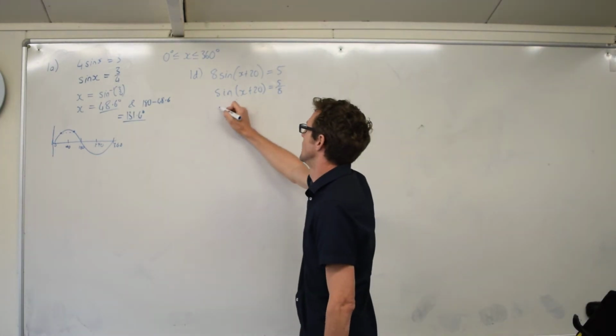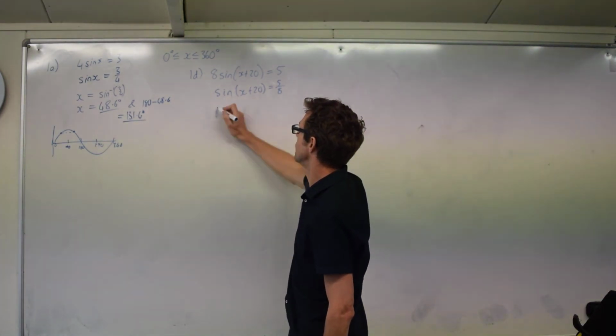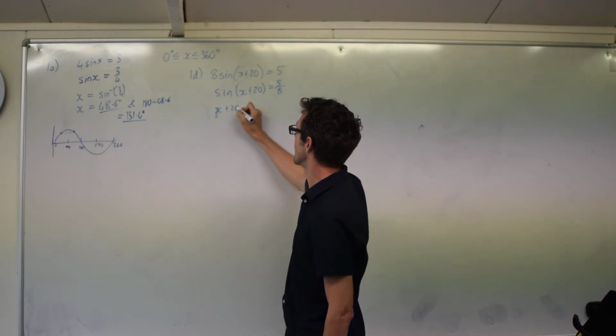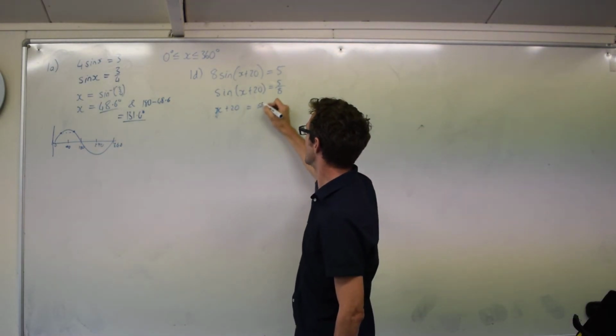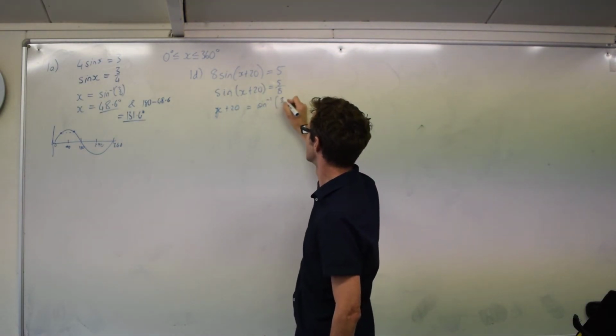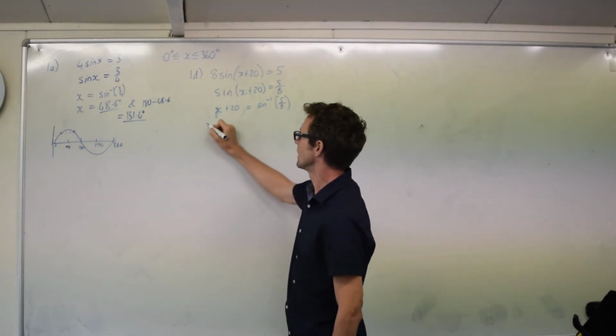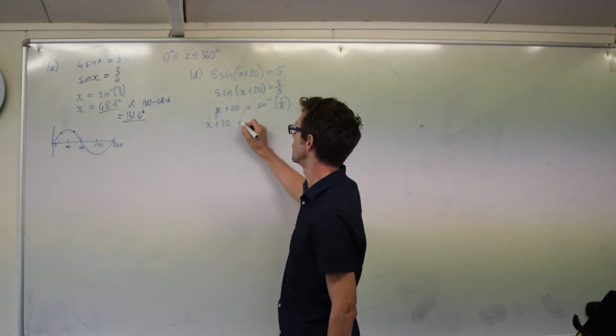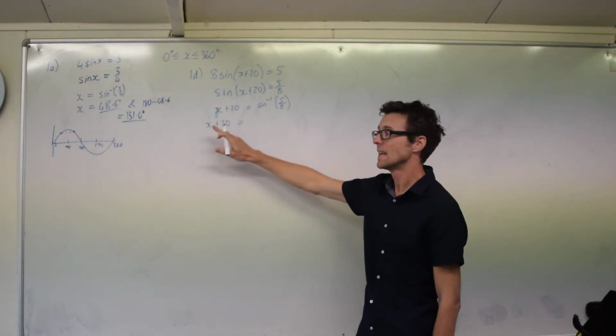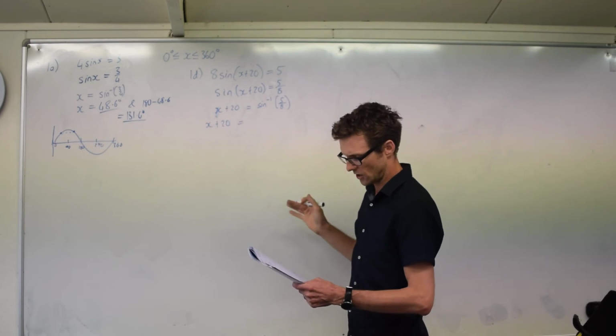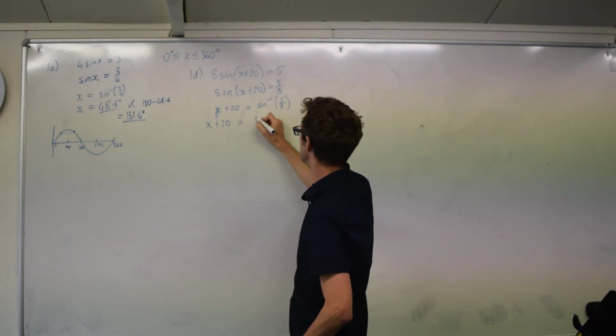Okay, so to get rid of the sine, we're going to do the inverse sine of both sides. And then this will give us our principal values. Now you want to keep this here for now, get out our principal value. So for me, I've got 38.7.